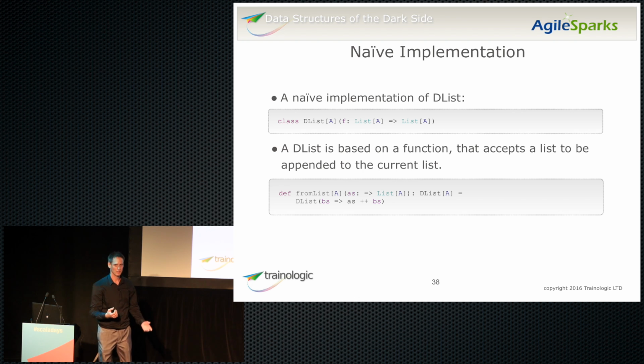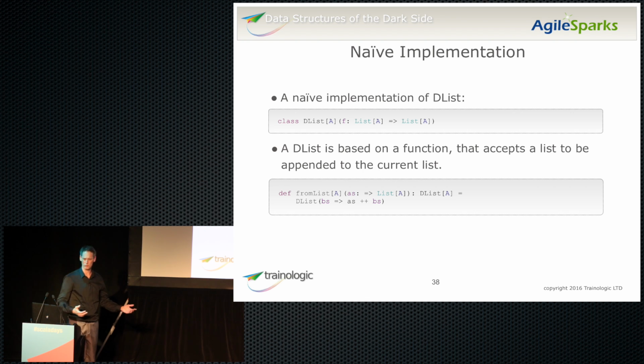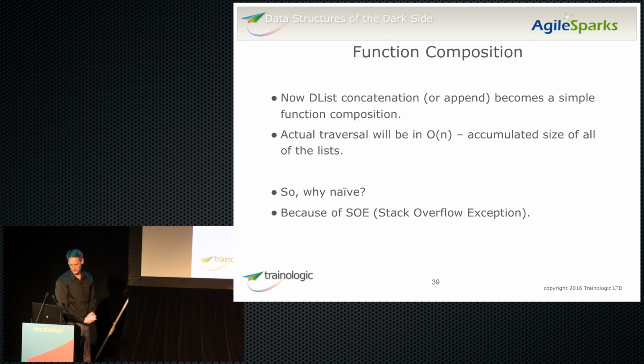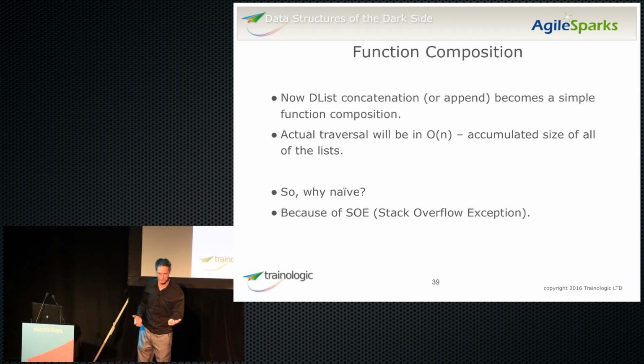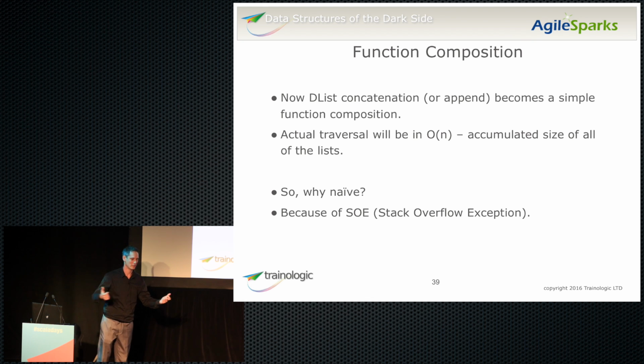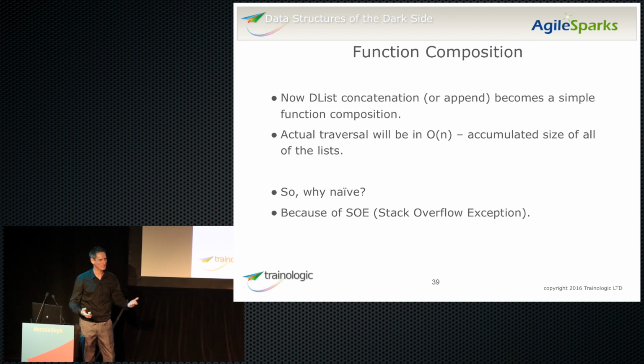So if you want to create a list from a DList, you just invoke f and provide the empty list. And then you get your list. So why is that encoding? This is the encoding because actually, if my DList is a function and I want to concatenate or append an element, I'm just creating another DList and composing those functions.